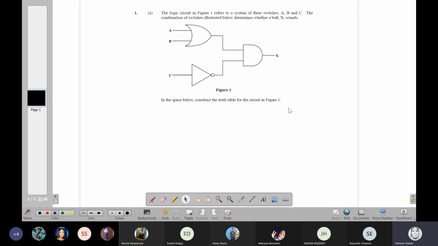So for us to be able to construct this truth table, we of course have to work out what is the expression that this circuit represents. So we can do this first part up here.